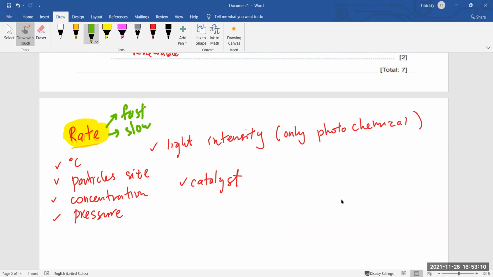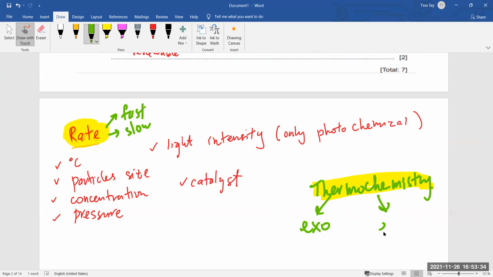Then we talked about thermochemistry, which is whether it is endo or exo, just by counting the energy change. It's either exothermic or endothermic. Exothermic means the temperature goes up. Endothermic means the temperature goes down, correct?